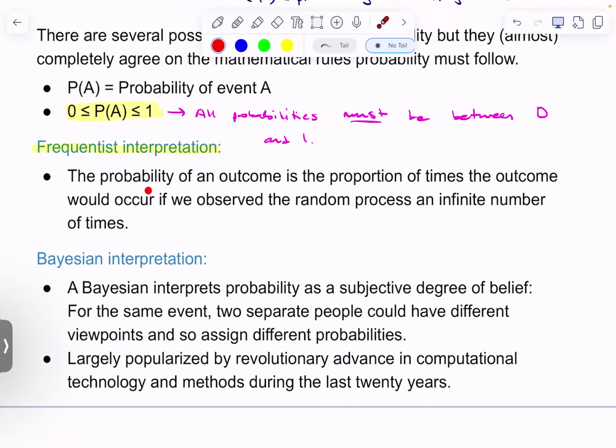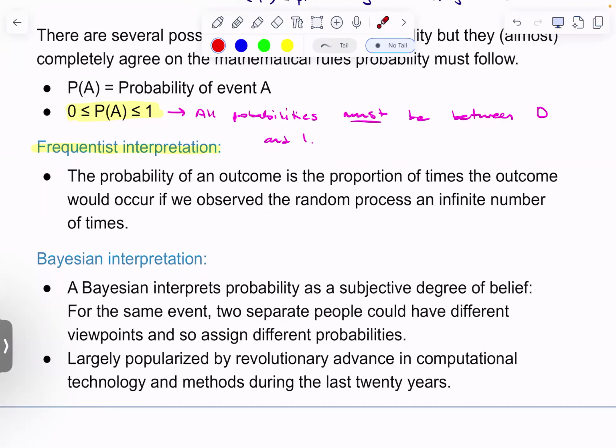So what does a frequentist think? The differences are subtle, but the probability of an outcome is the proportion of times the outcome would occur if we observe the random process an infinite number of times. That's how we technically define probabilities.